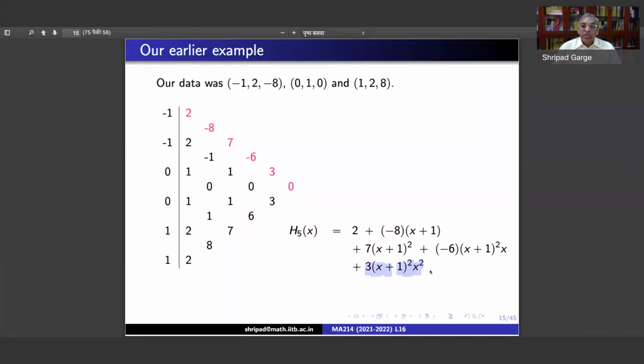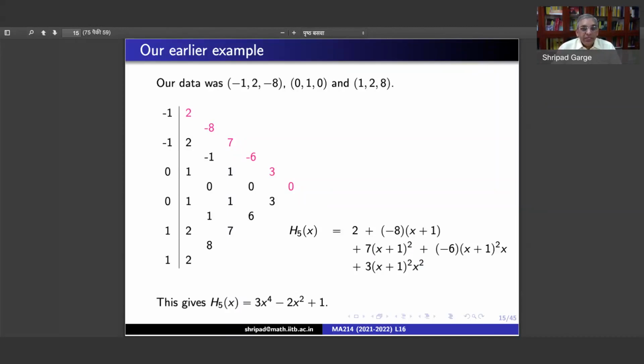So the degree 4 contribution comes only from this highlighted term, and indeed we see that the Hermite polynomial h5(x) is 3x to the power 4 minus 2x square plus 1. This computation can easily be checked. The x cube and x terms cancel out, and the x power 4, x square, and constant terms are indeed the ones as given.